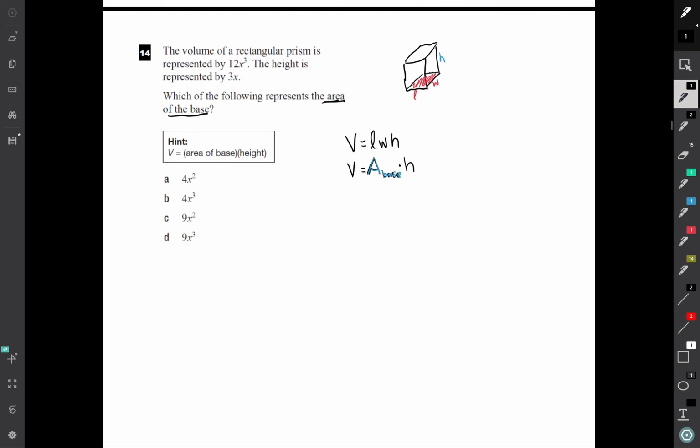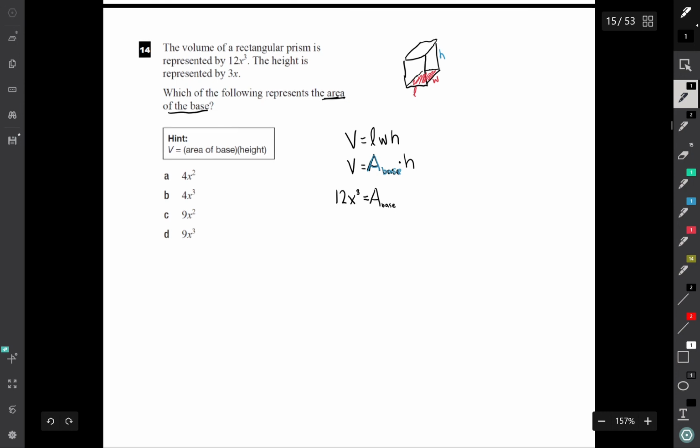So let's start subbing in what we do have. We know the volume is represented by 12x exponent 3, and that equals the area of the base times the height, and the height is represented by 3x.